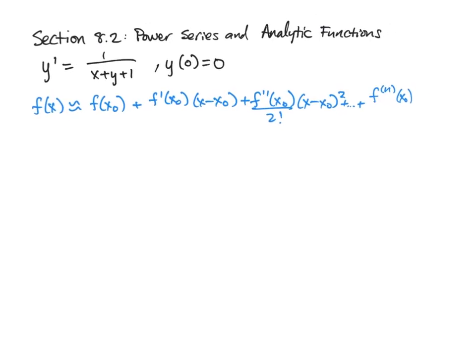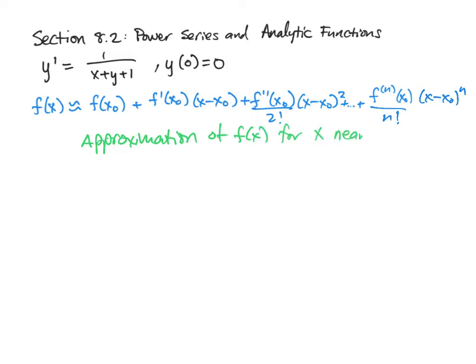Let's make ourselves a little bit more space. Times x minus x naught to the n over n factorial. So this is an approximation of f of x for x near our center point, x naught.